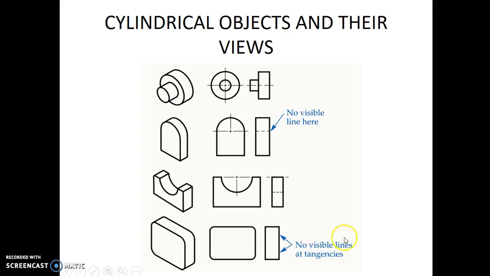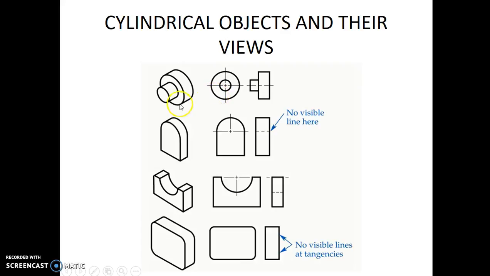Going ahead, let us see some of the specialities when we are drawing cylindrical or curved surface in orthographic projections. Coming to a cylinder, on this object we see a larger cylinder and a smaller cylinder here. When we are taking projection of this along the axis of the cylinder, that we see as a circular shape.